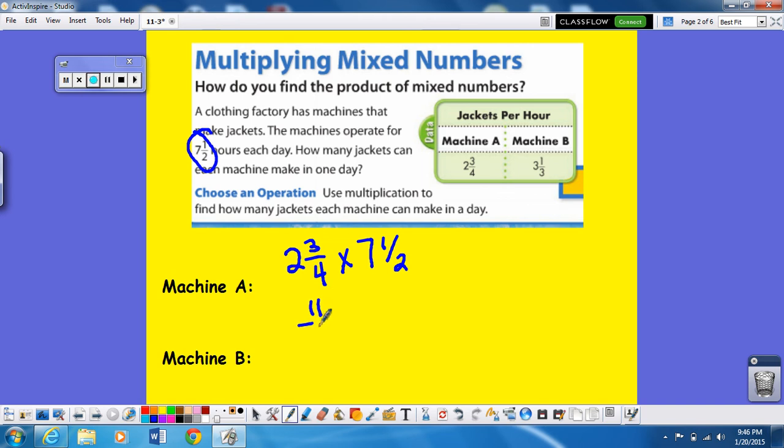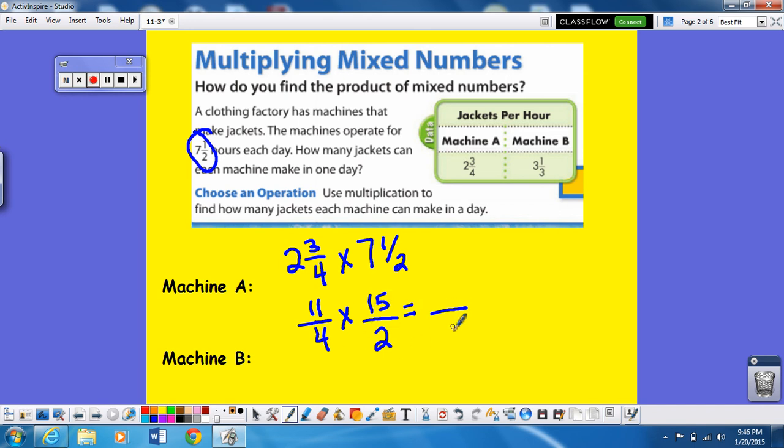So that is 11/4 times 2 times 7 is 14, plus 1 is 15. So that's 15 halves. Okay, now let's look at this. 4 and 15, there's nothing that goes into both 4 and 15 other than 1. And the same thing with 2 and 11. So this is one of those problems where you're going to have to actually multiply this out.